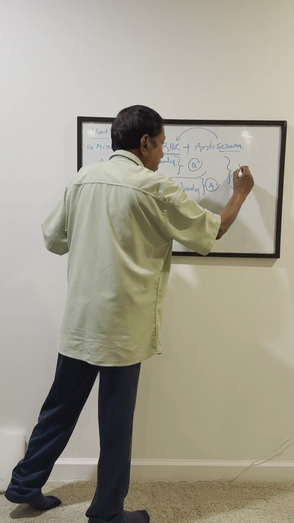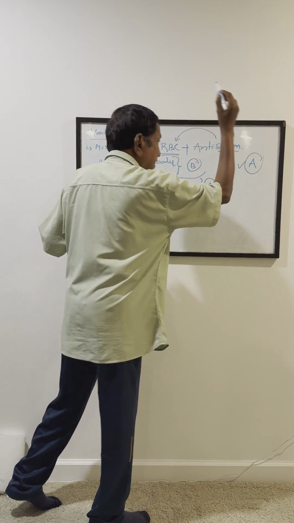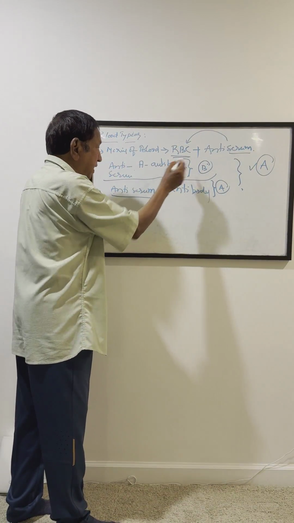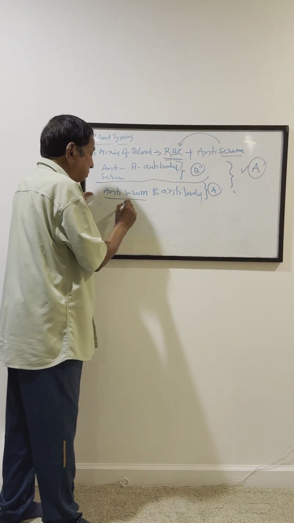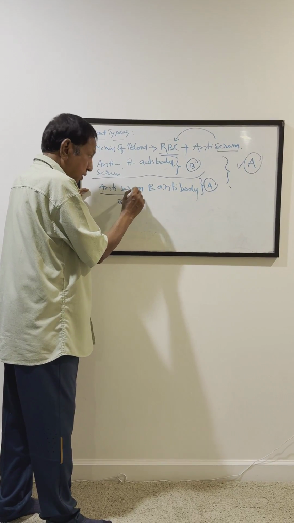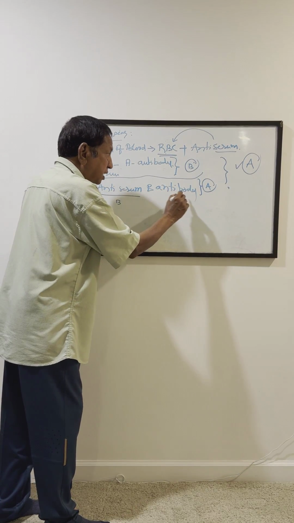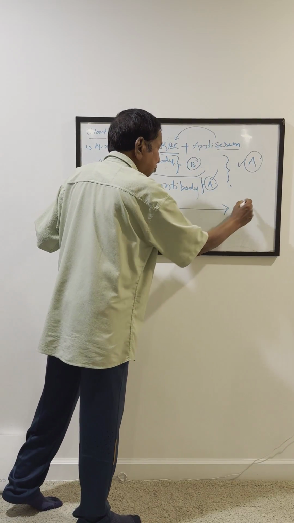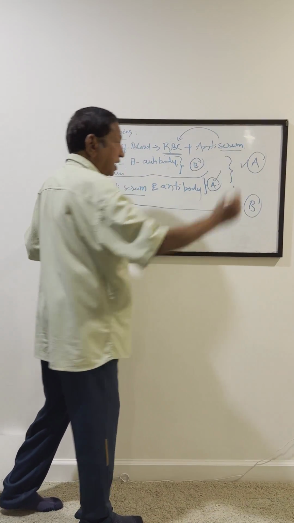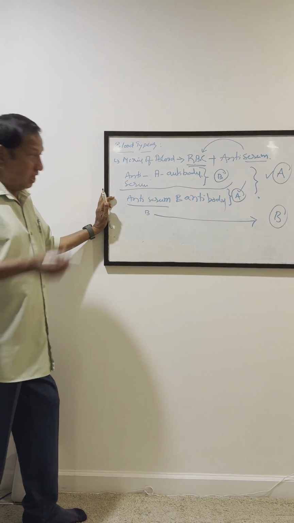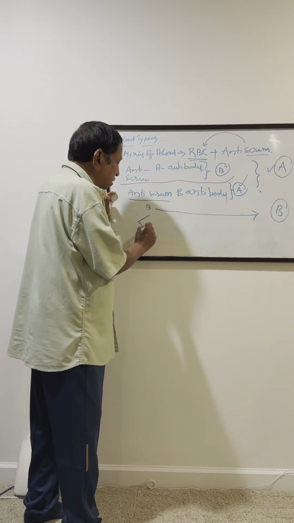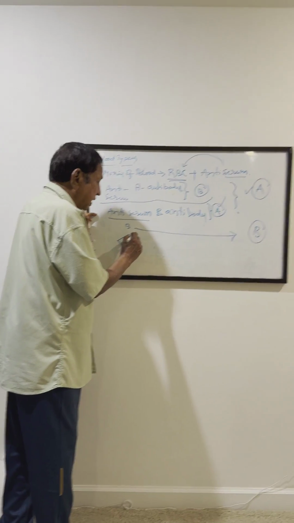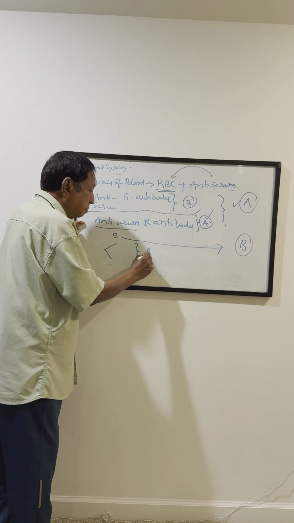If clump is formed, the blood group is assigned as A. If that person's blood is B group, the RBC of B group is treated with anti-serum B antibody containing A antibody, and if clump is formed, the group is assigned as B. If clump is formed with both anti-serum A and anti-serum B, then the group is designated as AB.